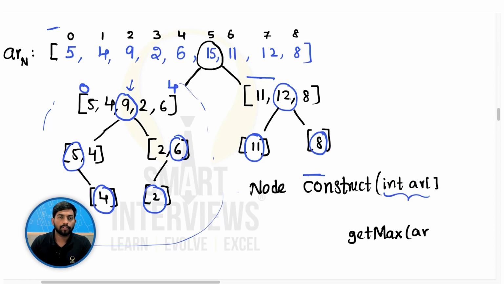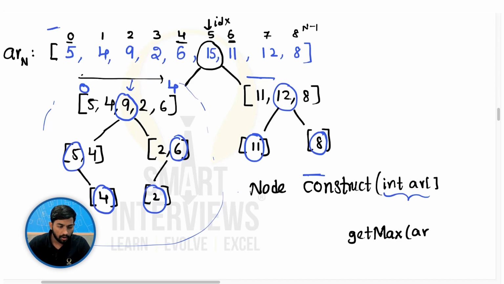We'll pass the array to this getMax. Now it will give us the index of the maximum element. Okay. Now, when you are constructing the left subtree, you should only iterate from 0 to index -1. Then again, for the right subtree, you should iterate from index +1 to n-1, right?